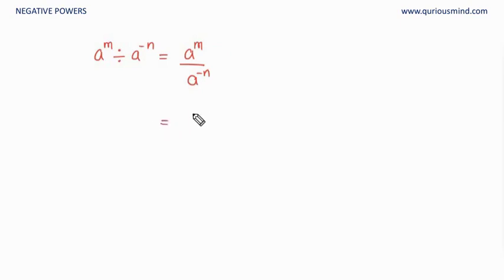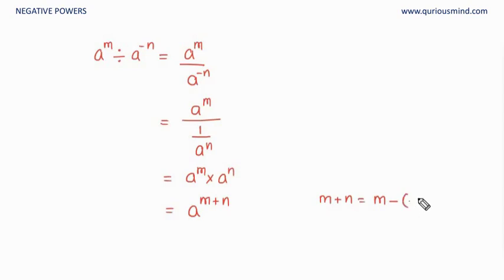Now we know a raised to minus n is the same as 1 upon a raised to n, which is equal to a raised to m into a raised to n, and that is equal to a raised to m plus n. But m plus n is the same as m minus minus n. So that is equal to a raised to m minus minus n.